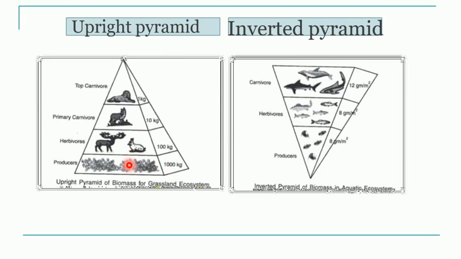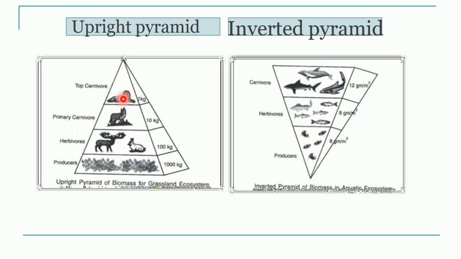Now the herbivores are feeding on these trees and other plants. So they will form the second layer of this pyramid. But obviously, the weight of the herbivores is less than the producers, so this becomes smaller in size than the base. Now these herbivores are eaten by the carnivores, so this layer also becomes very small, because the secondary consumers are fewer than the herbivores, and we have very few top carnivores like lions and tigers, which eat these primary carnivores.